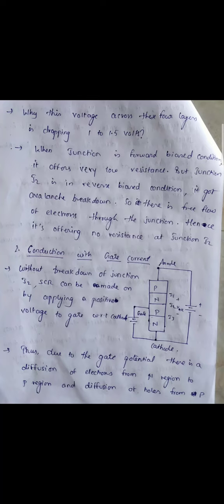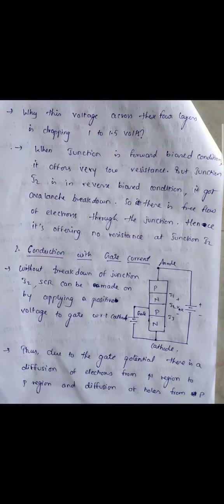But junction J2 is in the reverse bias condition, yet it got avalanche breakdown. So the junction has disappeared, and there is a free flow of electrons through it, hence it is offering no resistance at junction J2. Understood?